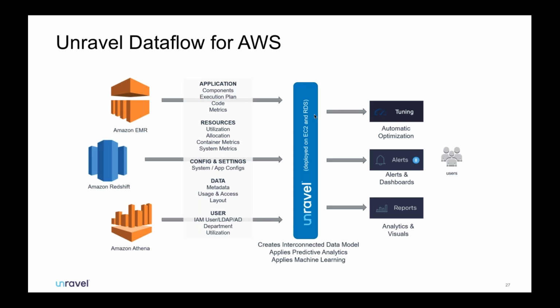But we basically sit in the middle of whatever platform you're using, and we intercept all of this data, and then we're able to actually drive insights. So if it's an application, we can tune it for you. If it's a failed job, we can also provide root cause analysis, plus come up with meaningful and correlated alerts, and not just basically let me know if a particular metric is off by 2%, right? That in itself isn't really a good signal.